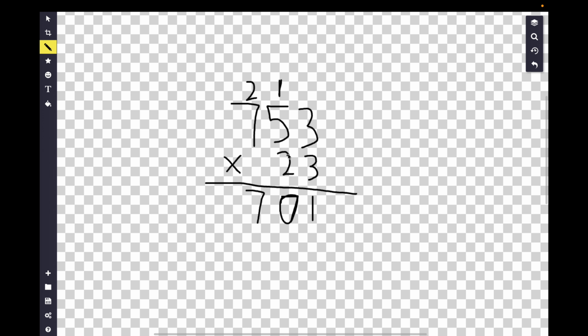Then we move on to the next row. But just like regular multiplication, we have to put a 0 here first. Now we have 2 times 3 is 6. So 6 goes here. And let me just cross these out. And then we have 2 times 5, which is 10, but 10 goes over 8 again.